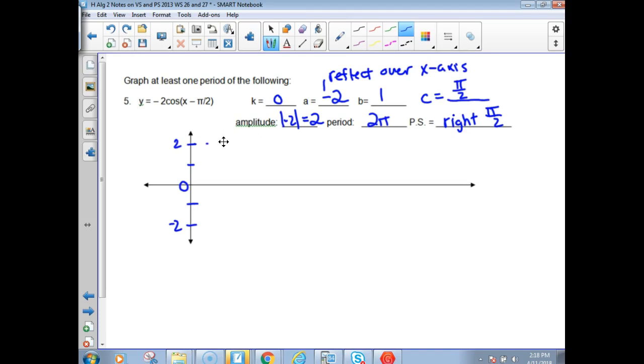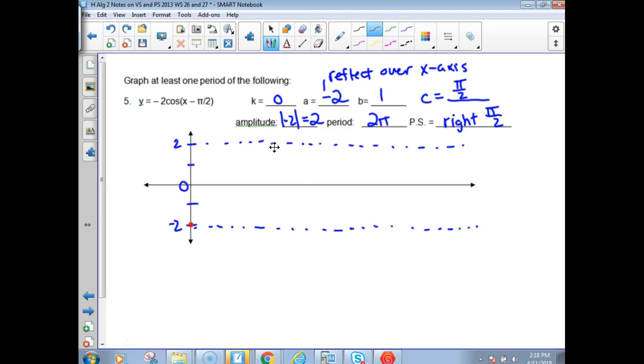If you want to dash that out, that's up to you. The x-axis is my center line. Then I'm going to say, well, this is a -2, though, so that means it reflected. So it's not going to start up here. It's going to start down here.